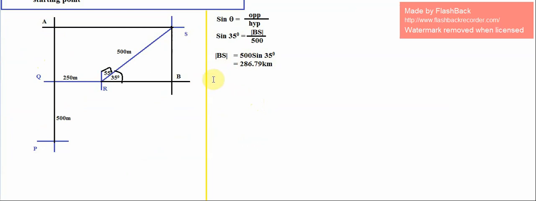So down there, our final answer will be: we will add the total distance, now 500 plus 286.79, and that will give us, add it on the calculator, 786.79, 786.79 kilometers.